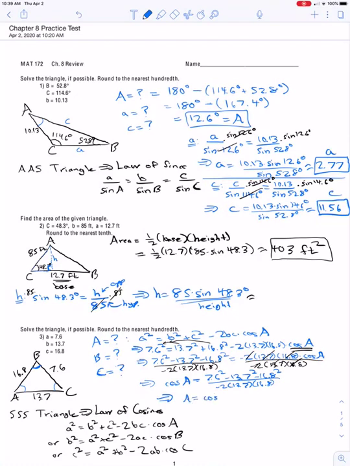We're going to use inverses. We need to swap these out. So cosine inverse of this fraction. So let's go ahead and type this fraction in. So cosine inverse is 7.6 squared minus 13.7 squared minus 16.8 squared divided by negative 2 times 13.7 times 16.8.